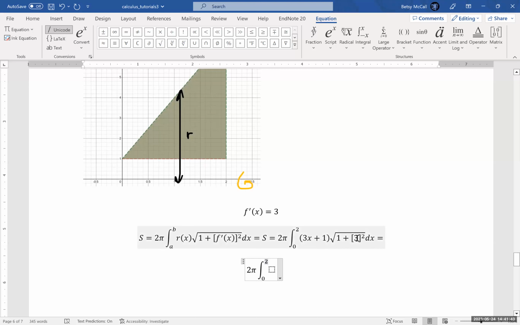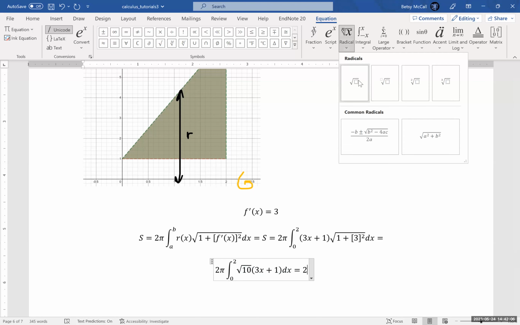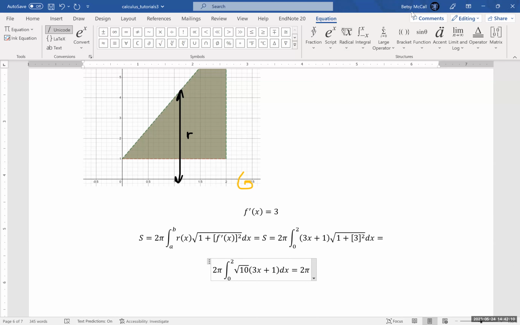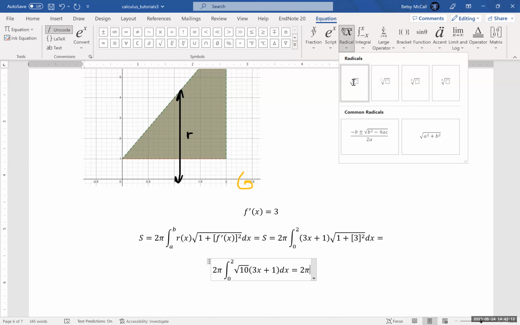This square root, so 3 squared is 9 plus 1, you get the square root of 10, which we can pull outside the integral. And we're basically just integrating 3x plus 1. So 2, I guess we could put pi first, then the square root of 10, even though that seems odd.